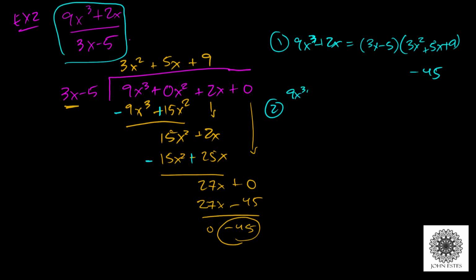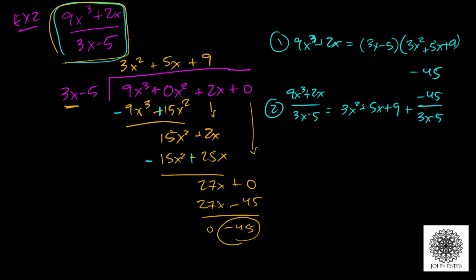And so that value looks like this: 9x cubed plus 2x over 3x minus 5 equals 3x squared plus 5x plus 9 plus negative 45 divided by 3x minus 5. And so since I started with this expression, that is actually what my answer should look like.